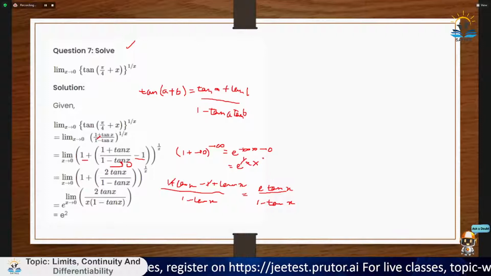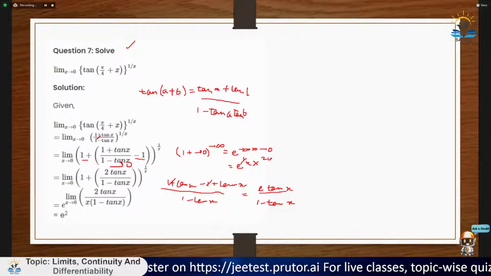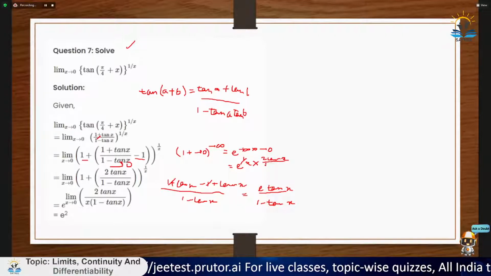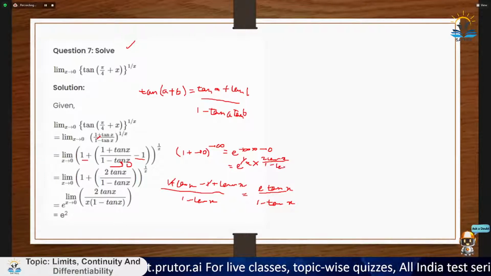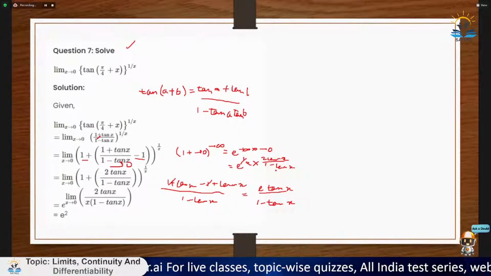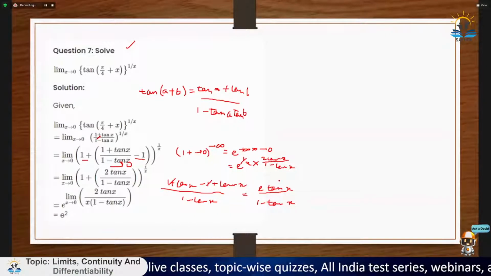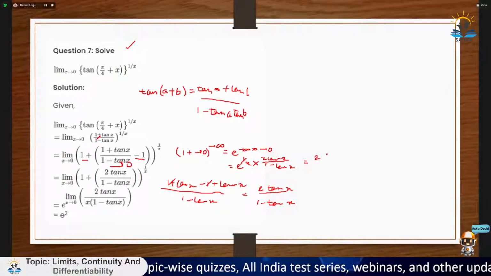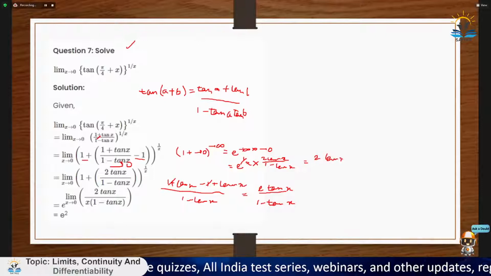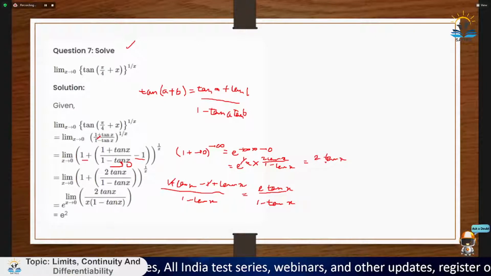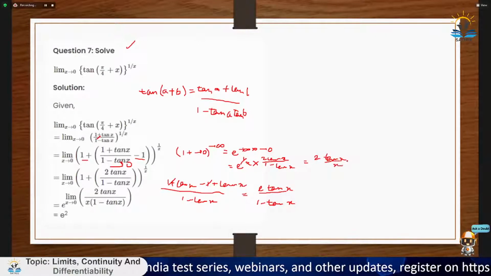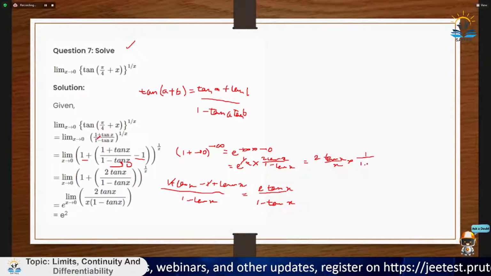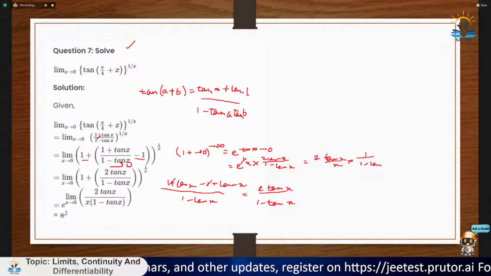So I just multiply 1 by x into 2 tan x upon 1 minus tan x. Okay, now just put the values. You can write it in this form: 2 multiplied with tan x by x into 1 upon 1 minus tan x.